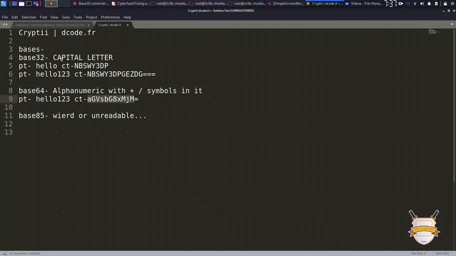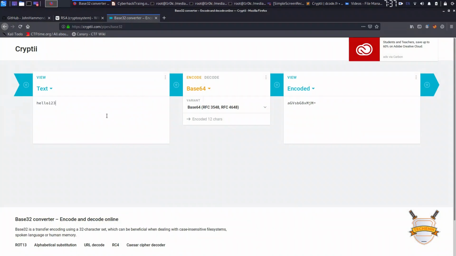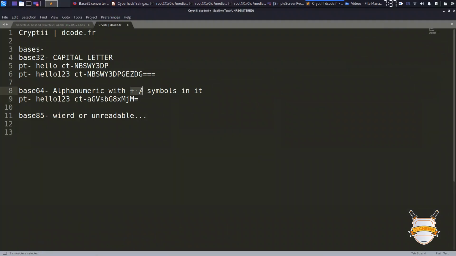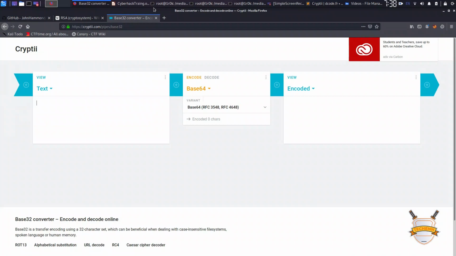Base 32 will be capital, and base 64 will be capital as well as small. I'm not getting a plus or slash sign in it, but usually if you see any plus or slash sign in it, just go for base 64.